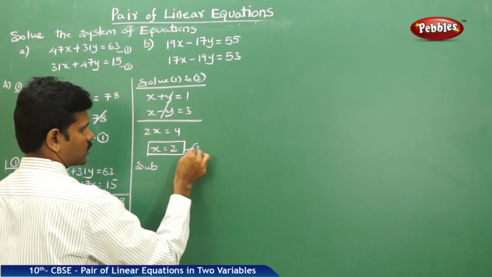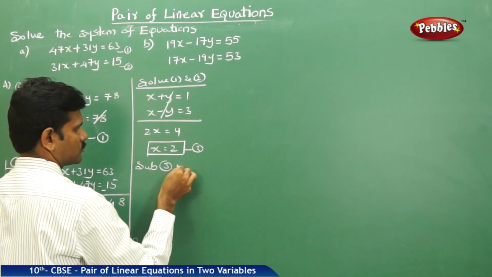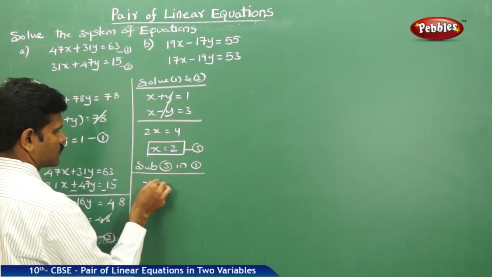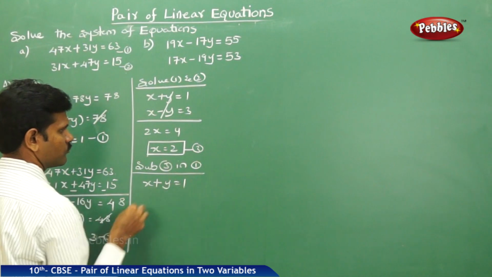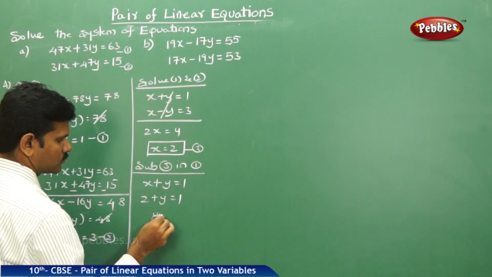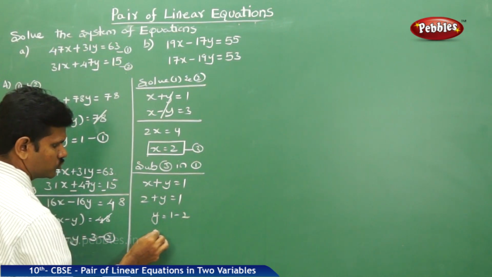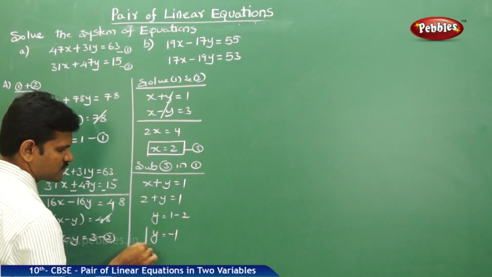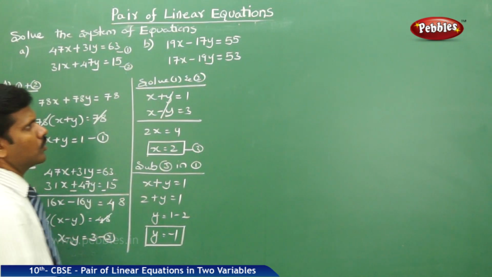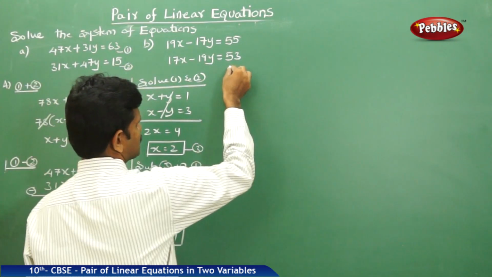Substitute in equation 1, that is x plus y is equal to 1, 2 plus y is equal to 1, y is equal to 1 minus 2, y is equal to minus 1. Now, welcome to the second example.